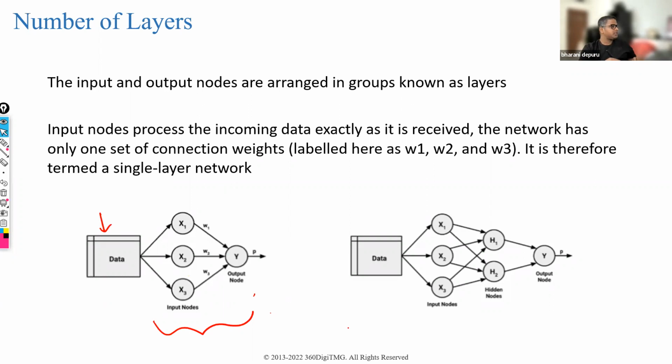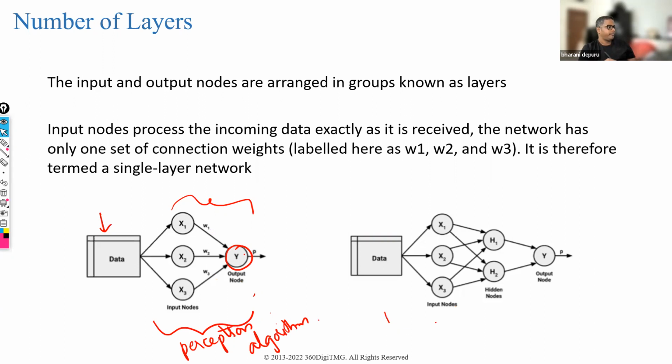Why is it called as perceptron? Because in a perceptron algorithm, you will not have any hidden layers. Here, do you have any hidden layers? No. And you will have a single neuron in output. If you have a single neuron in output, and if you do not have any hidden layers, this is called as perceptron algorithm.